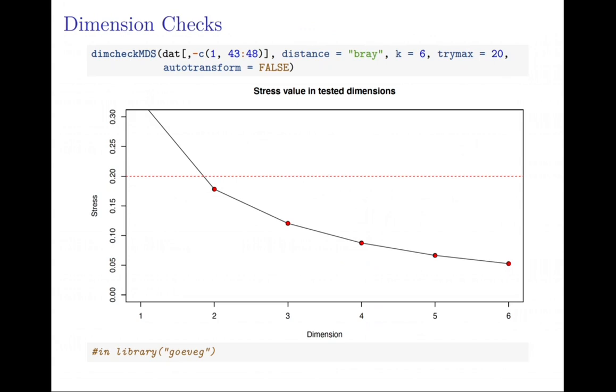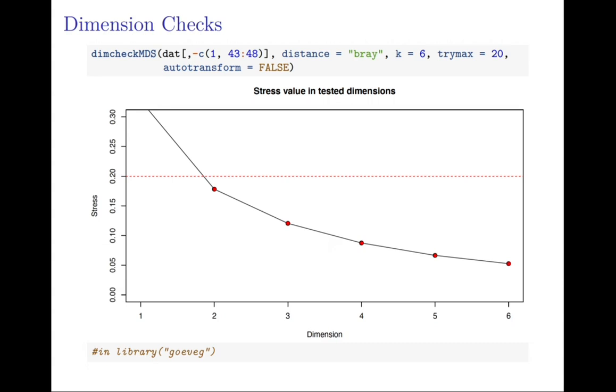But before we get into figuring out how to do PERMANOVA, I wanted to bring up a few things that people had questions on in class last time. There's a fantastic function called dimcheckMDS to look at the dimensions. I gave you code to do this by hand, but there's a really nice function in goeveg that allows you to look at any number of dimensions that you want, with your distance matrix and your data, and you can look at what stress each dimension is producing.